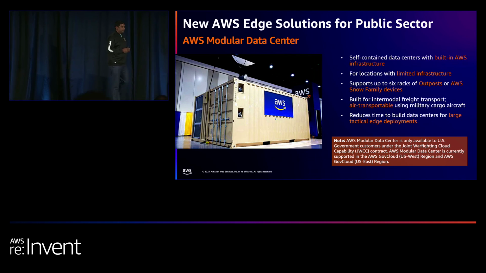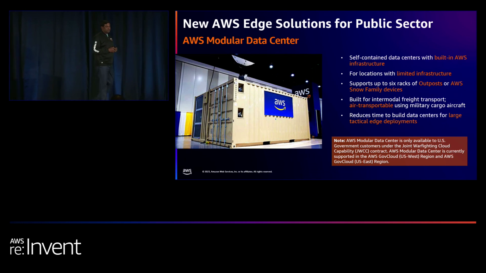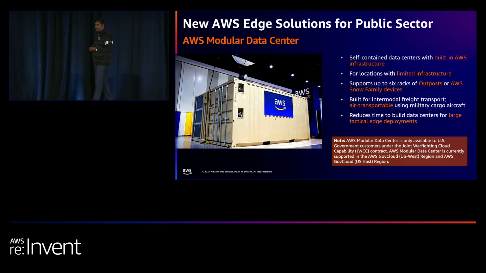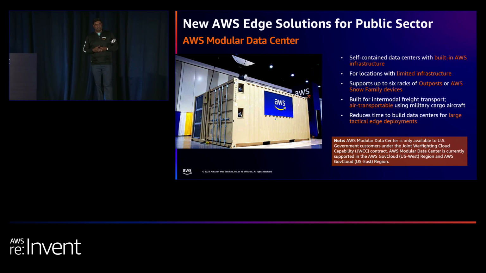Take it a step further beyond rack level integration and solution. Earlier this year, we announced AWS Modular Data Center, or MDC, to make it very simple for our customers and cost-effective for them to deploy an AWS-managed data center anywhere they need it.